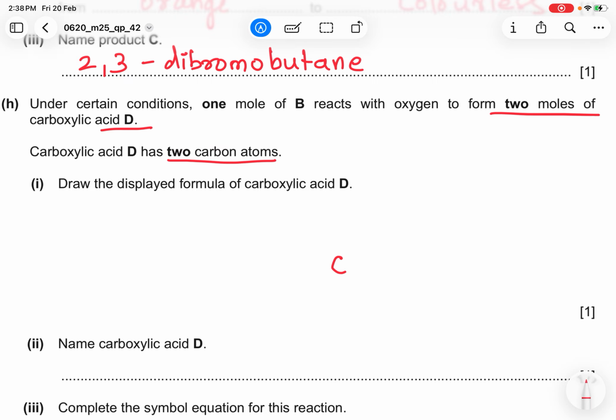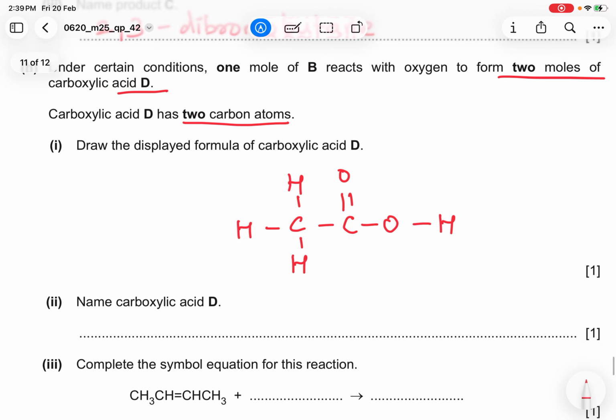While drawing the structure, you always have to remember that the functional group of carboxylic acid contains 1 carbon, and you have to always consider that carbon in the main parent chain. So we have the carboxylic acid here, and 1 carbon is done. We just require 1 more carbon atom here, so I'll just add 1 more carbon atom. Complete the structure by adding hydrogen. Here becomes the structure of ethanoic acid that contains 2 carbon atoms. So the name of this compound D is ethanoic acid.